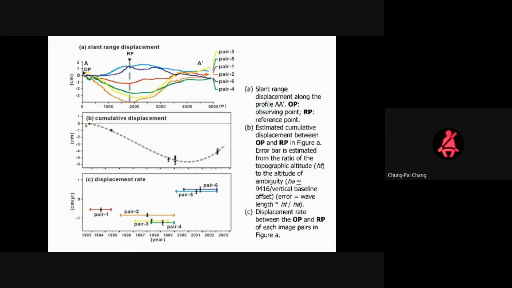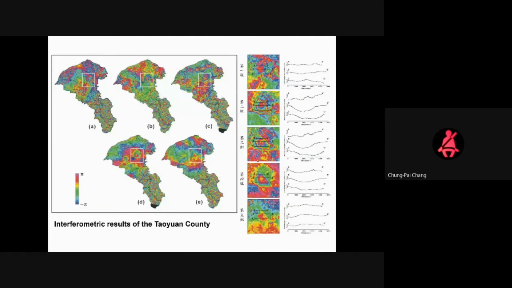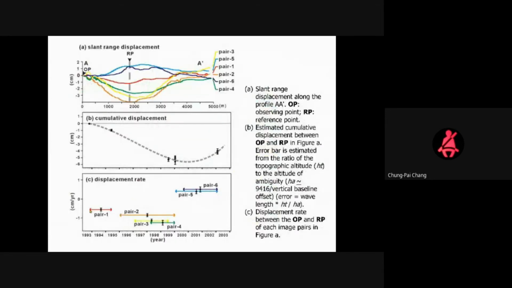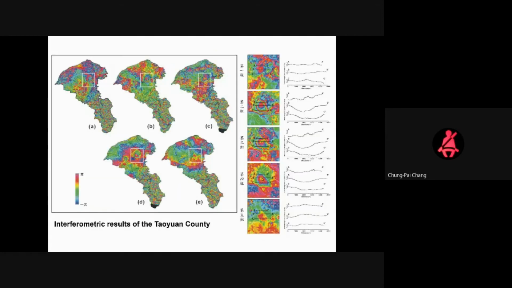You can see the subsidence occurred from 1993 and reaches the largest amount and comes back a little. And if you calculate the subsidence rate of the center, it's firstly not very fast, and larger and larger, and then stops and a little uplift. So we went there to the center of this area.